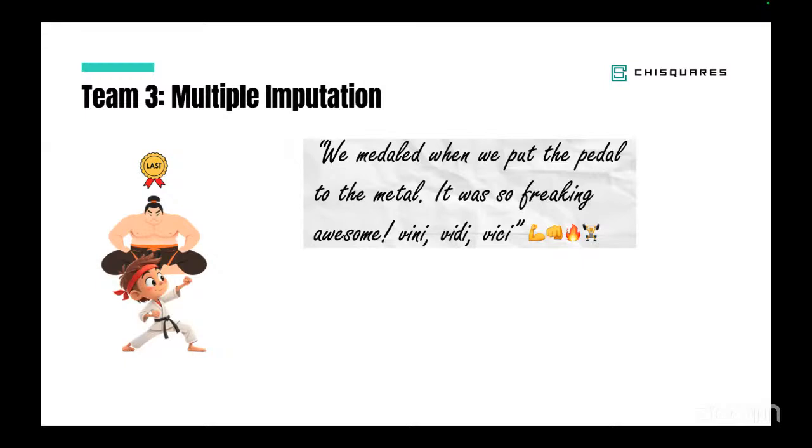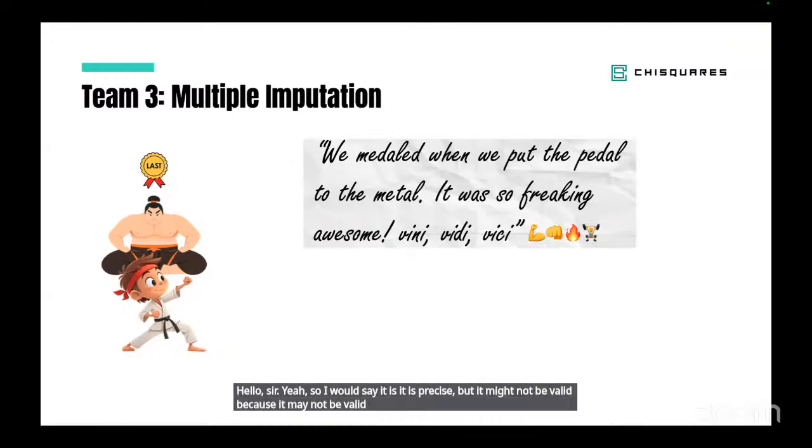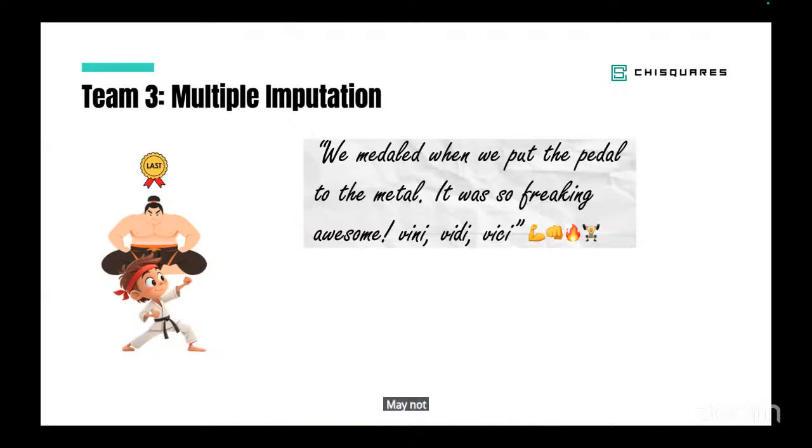Hello, sir. Yeah, so I would say it is precise, but it might not be valid because this second guy, the carrot guy, may not necessarily represent the population of the giants that we saw at the initial.